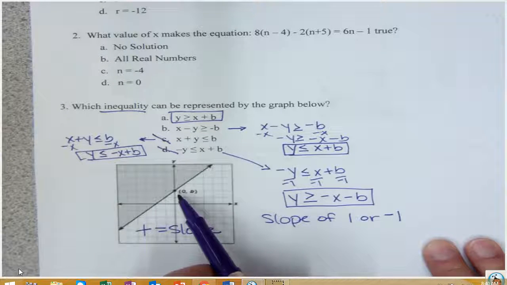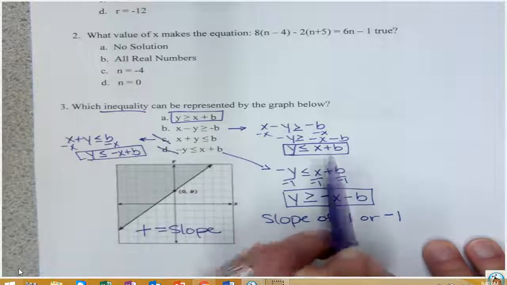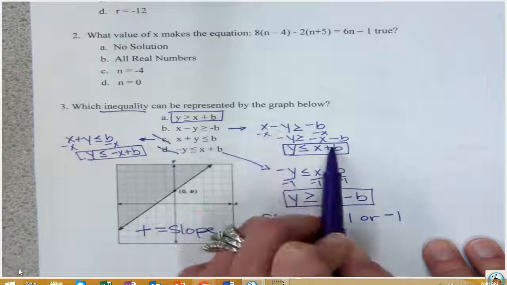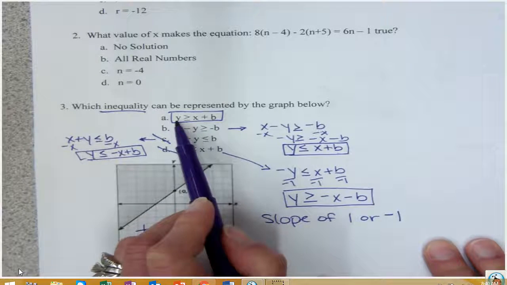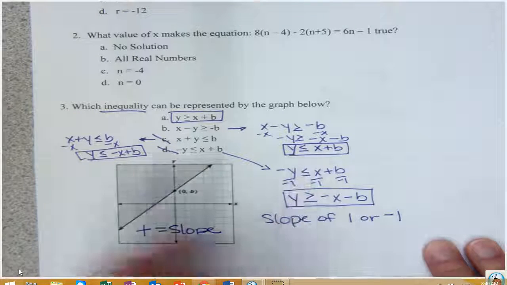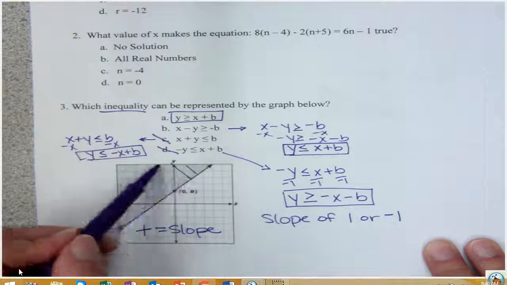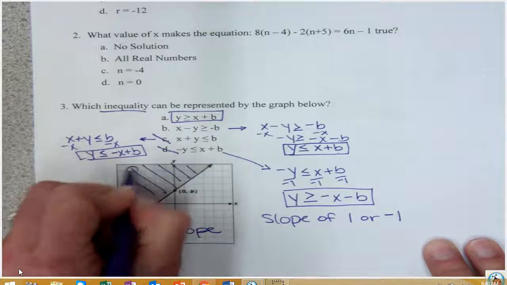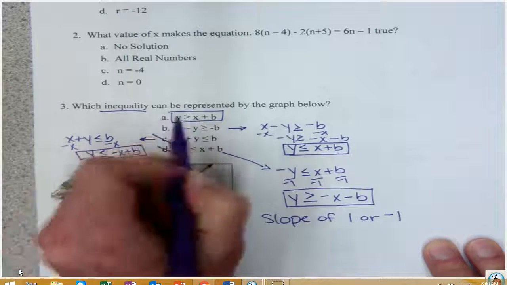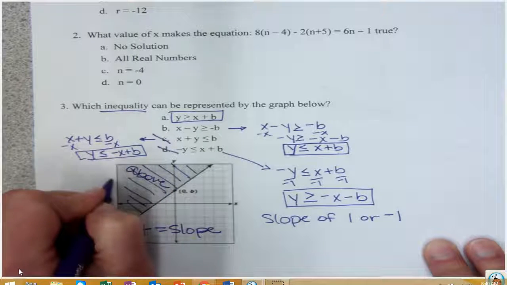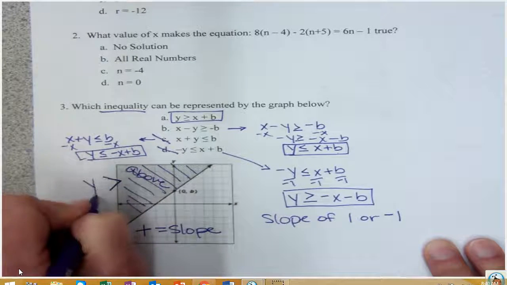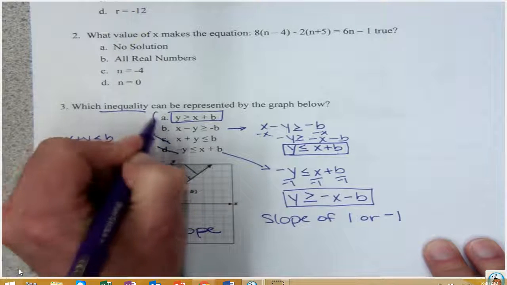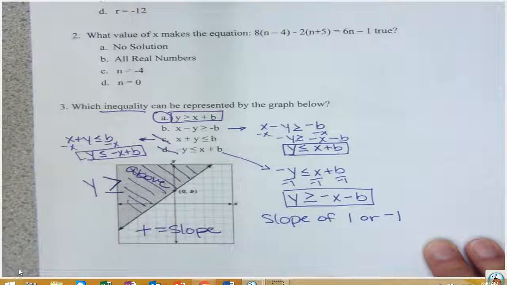I see that my y-intercept is B on both, so that's okay, except this is greater than and this is less than. The shading is above, and since it's above, y must be greater than. Y is greater than or equal to. So this is going to be my answer. I hope that helped, guys.